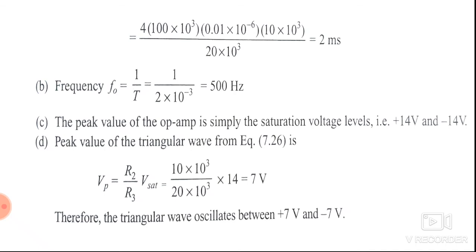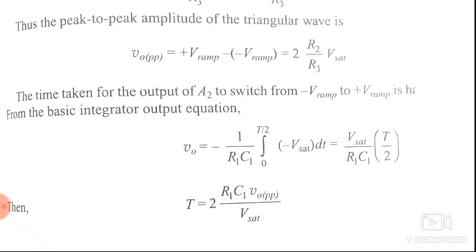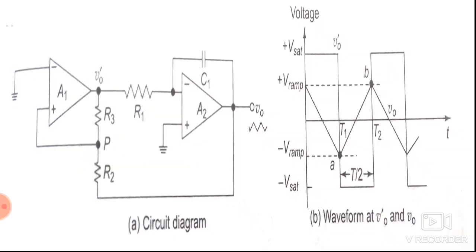Now one more point here. Just like we have discussed in the square wave generator, the capacitor starts charging from 0, but here it is shown from plus V ramp, that is, the output is discharging directly from plus V ramp. Because we have discussed in the square wave generator that for a regular waveform the charging portion from 0 to T by 2 or 0 to T has been removed here.